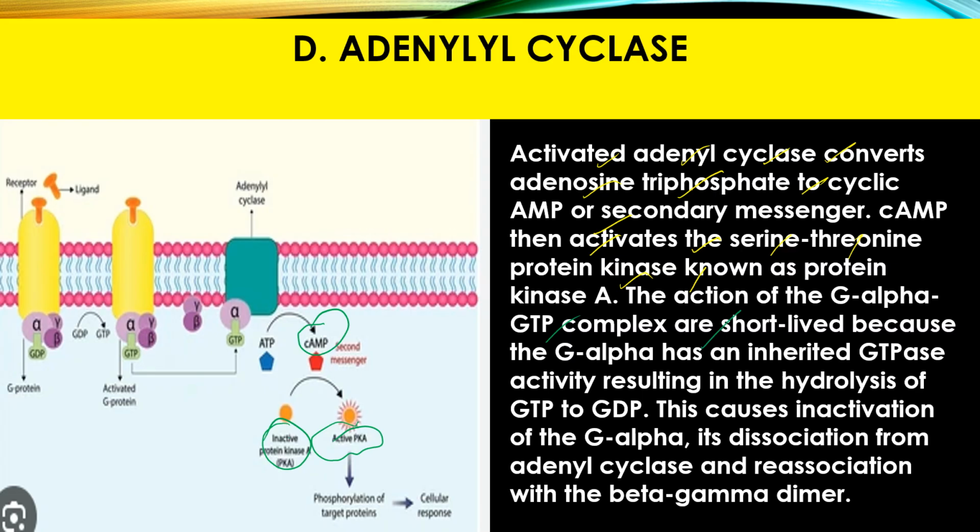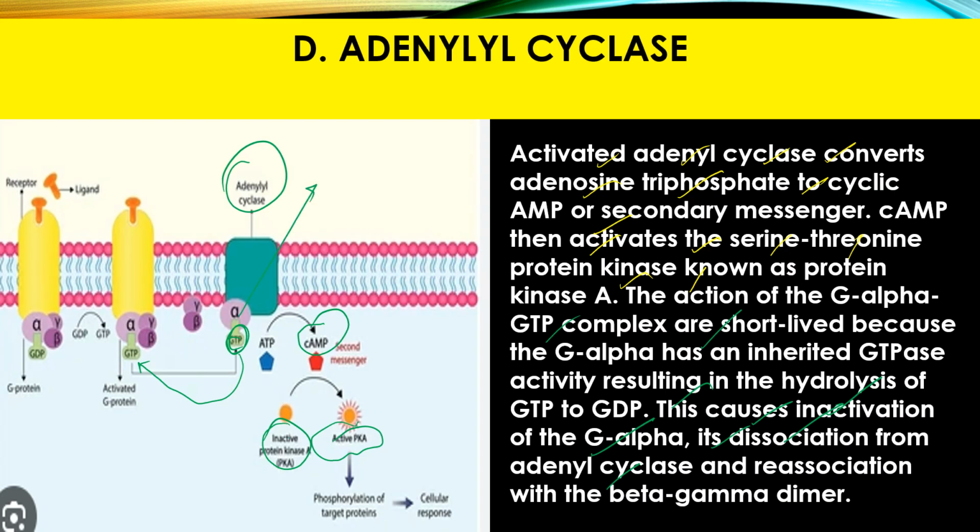The GTP complex is short-lived. Now this is the GTP complex. GTP is short-lived and it is hydrolyzed back into GDP, and you also know that GDP is an inactivated form. This causes inactivation of the alpha subunit and its dissociation from the adenylate cyclase because it has an inherent phosphatase quality.